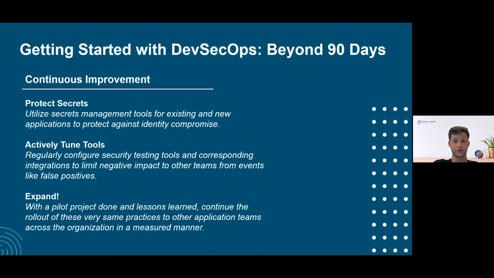Then we have actively tuning tools. And again, we talked about this a little bit already, but thinking about the false positives that are being identified, any issues that these teams are having, make sure that your security team is on top of it and putting in the effort to ensure that false positives are addressed and that there's the least friction possible with these development teams. And then finally, expand.